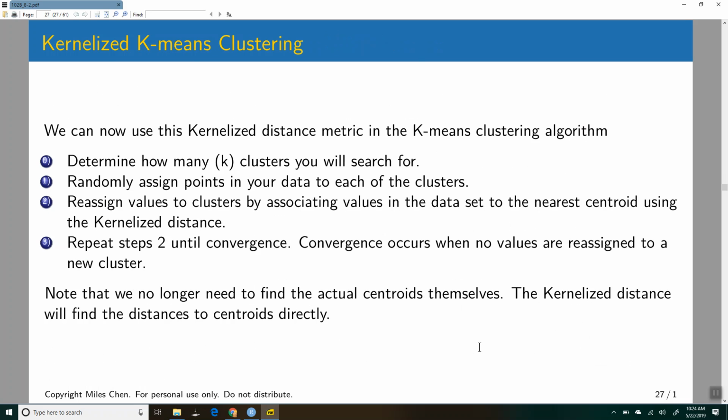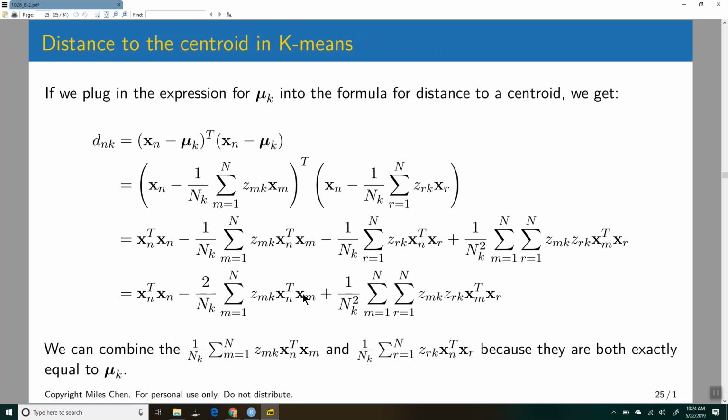However, I can calculate the distance to this mystery centroid, okay? And it's so bizarre, but mathematically it works out because we've expanded out the expression of where the centroid is located into a bunch of inner products.